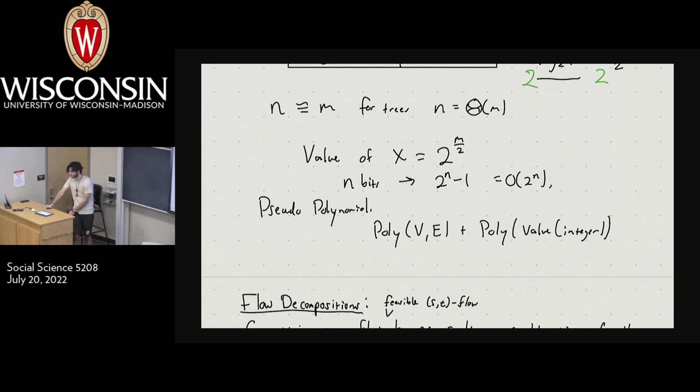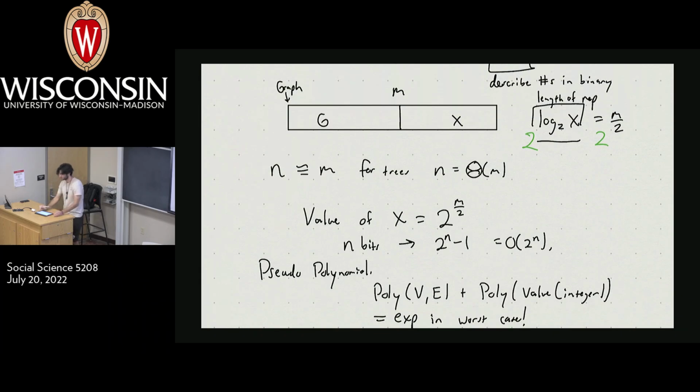So pseudo-polynomial time algorithms are better than nothing, but they're typically exponential in the worst case. So just wanted to warn you about that.